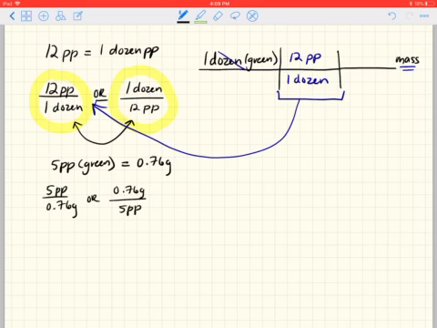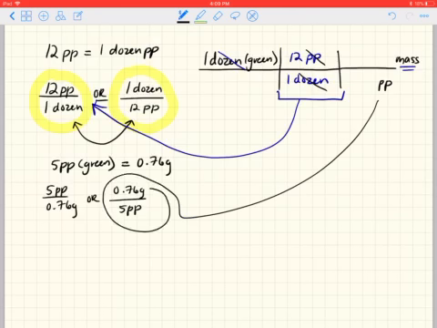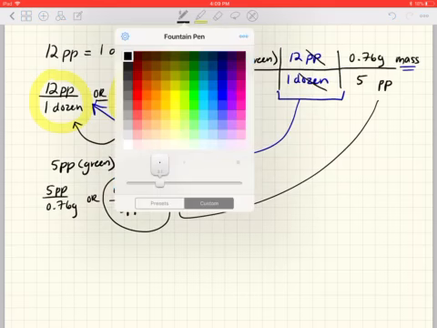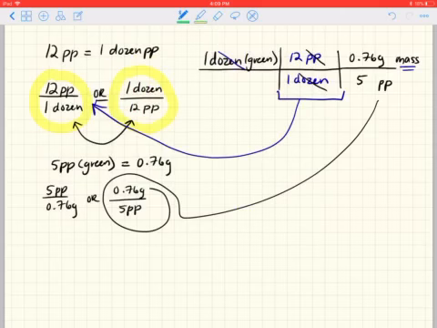And with my second conversion factor, I basically want to cancel out the particles, packing peanuts. So I want packing peanuts on the bottom right there, and so that means I am going to choose this conversion factor. So here I go, 5 packing peanuts on the bottom, 0.76 grams on the top, and I can tell that I'm setting up this problem correctly because the packing peanuts cancel out diagonally, all right?